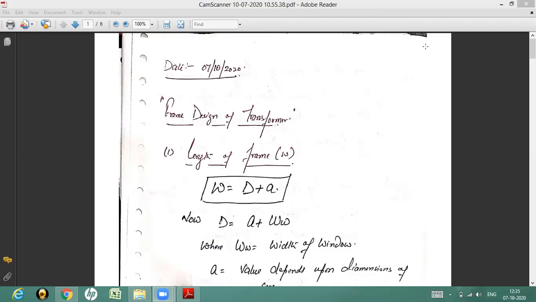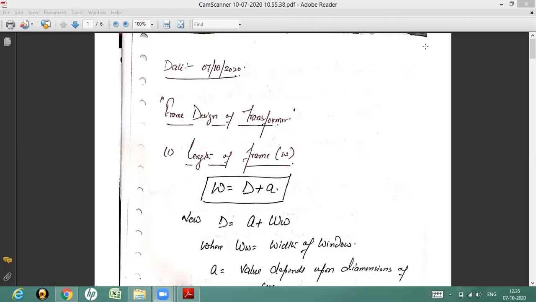First of all, we have to calculate the EMF per turn. Then we calculate the flux. After that, we calculate the net iron area, then the gross core area. After that, we calculate AW, the window area. We split this window area into two components, the height of the window and the width of the window.